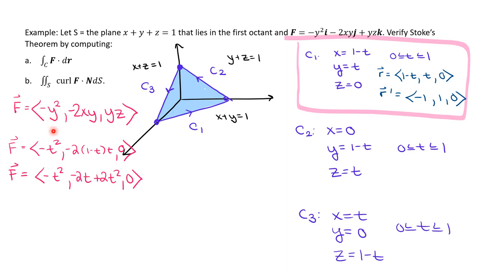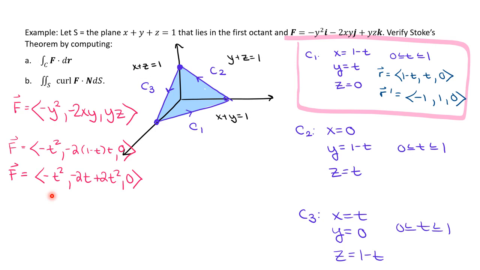So the negative y squared became negative t squared, and for the negative 2xy, I put 1 minus t in for x and t in for y, and then yz just becomes 0 because z is 0. So I've got negative t squared, negative 2t plus 2t squared, comma 0.